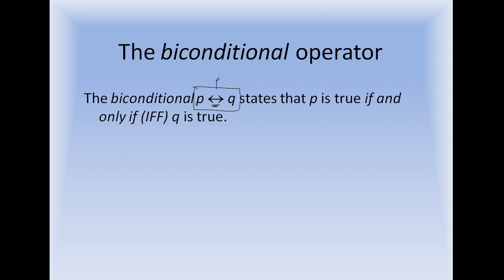P double implies Q states that P is true if and only if Q is true. Right? Let me take an example.